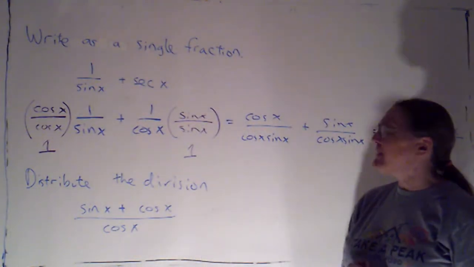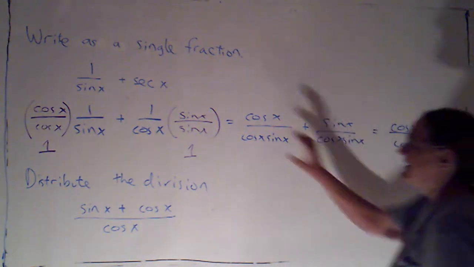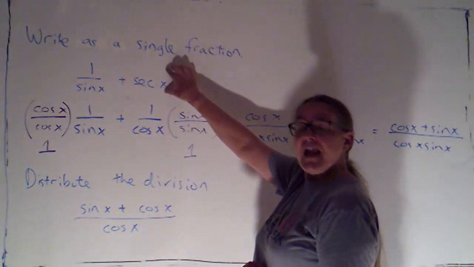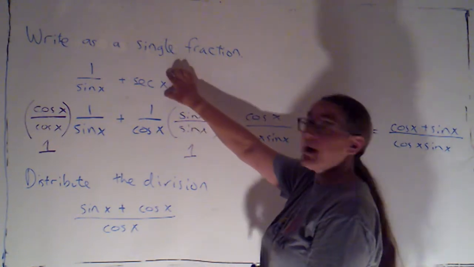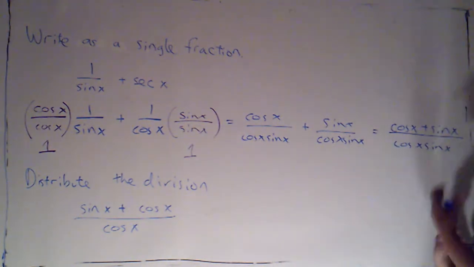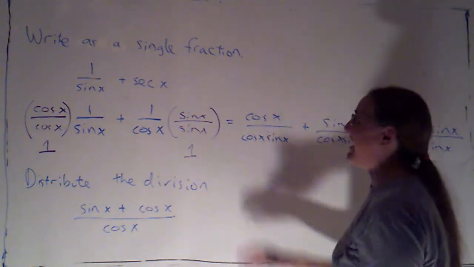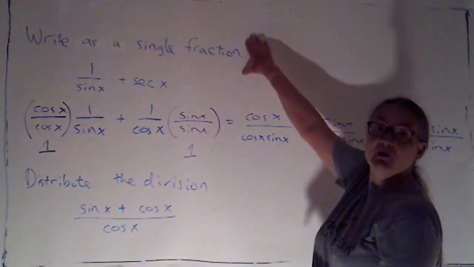That's because simplify would be a little bit vague. I'm not convinced that this is simpler than this. It really depends what I'm trying to do. In some cases, this might be simpler to have. In other cases, this might be simpler to have. So you're not going to encounter directions that say simplify. You'll encounter directions that tell you to change it in a particular way.